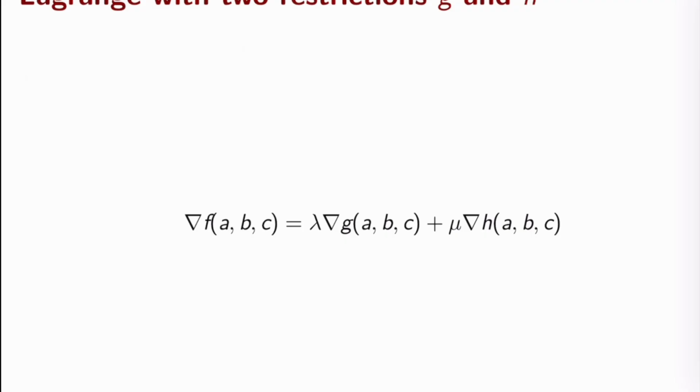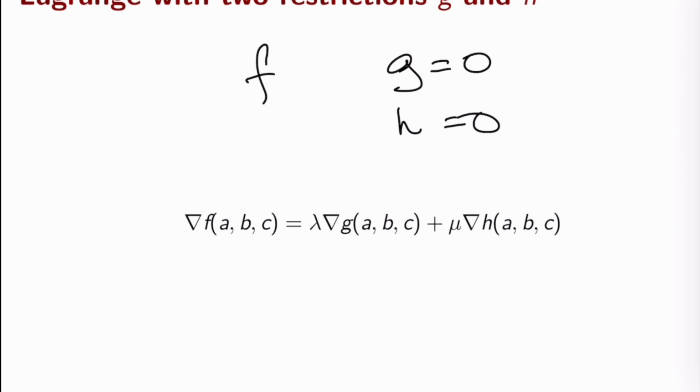We can extend the method of Lagrange if the function has actually more than one restriction. So for instance, if we have to calculate the maximum of a function f restricted to the conditions that the function g is 0 and another function h is also 0.